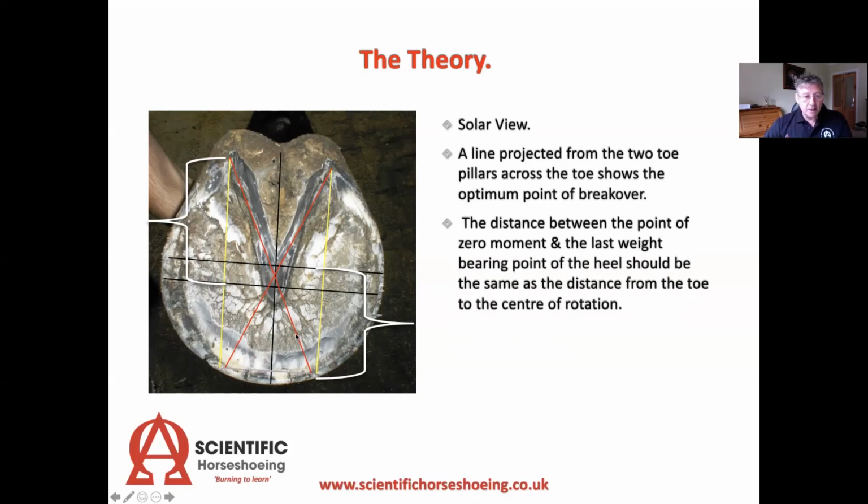And what this means is that if we were to measure from the toe at the pillars to the center of rotation, that distance there, and we were to equate that to our center of pressure to the heel buttress, those should be geometrically proportionate in distance to each other.